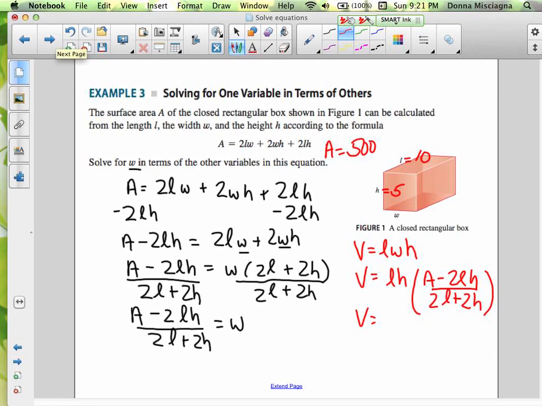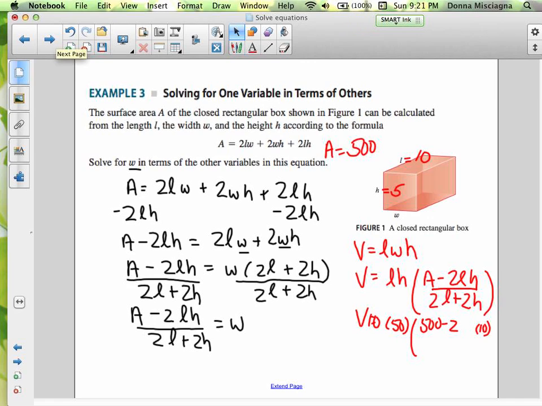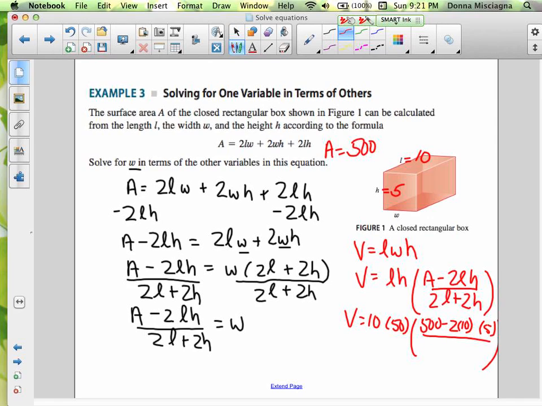So in this case, my made up numbers here, 10 times 5 times 500 minus 2 times 10 times 5, and by the way, you don't have to put this in your notes, I was just showing you an example of why it might be important, and then 2 times 10 plus 2 times 5.